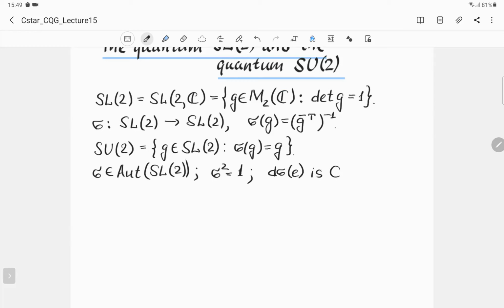Sigma is a smooth map of a smooth manifold on itself, so we can take the differential at the identity, and this map is antilinear.